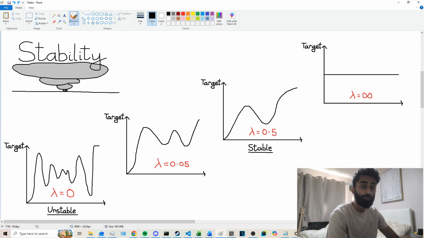So stability, I briefly mentioned it earlier, but if we have something that is unstable, you see the gradients are massive here in this bottom left graph. You see the prediction spikes up really high and then goes down really low, and this oscillation everywhere isn't indicative of how real life variables work out. This isn't what the relationship between two pieces of information typically looks like.